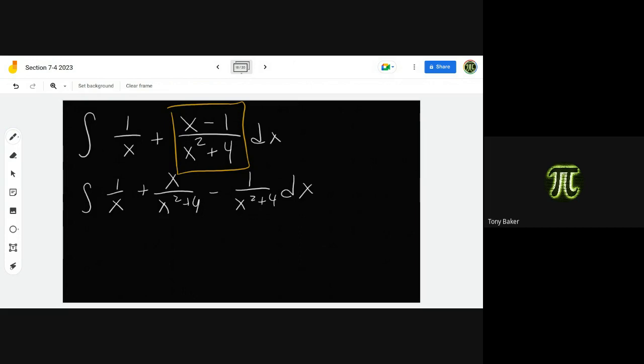Now, let's see if we can find the integral of them. What's the integral of 1 over x? ln of x. What's the integral of x over x squared plus 4? No. This one, we actually have to do a substitution. Actually, it might end up being that.